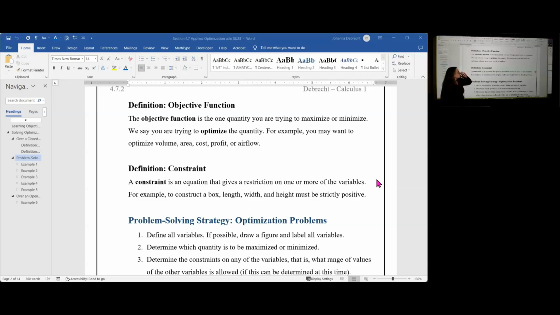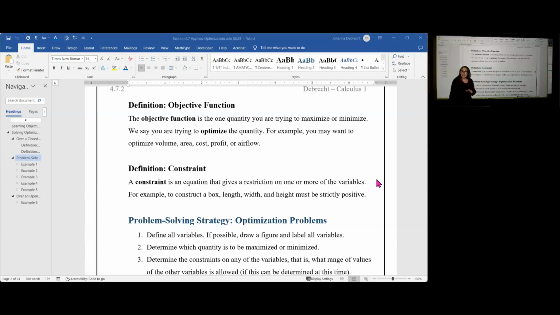Let's say you're trying to optimize volume, and you'll have an equation that has volume in it related to some other variables. Or maybe you're trying to maximize the area of a garden or a pen for horses. In that case, it will be related to other variables in the problem.